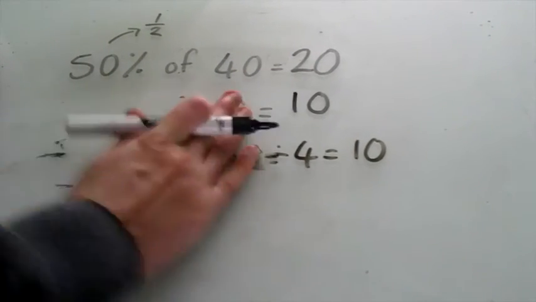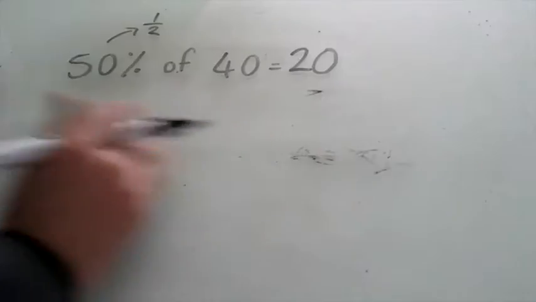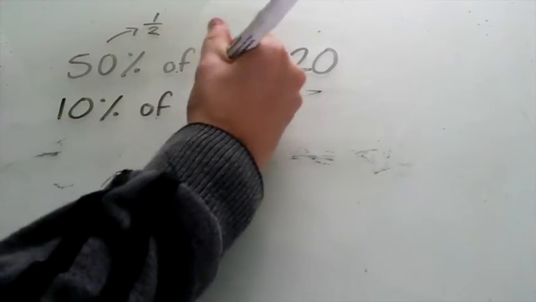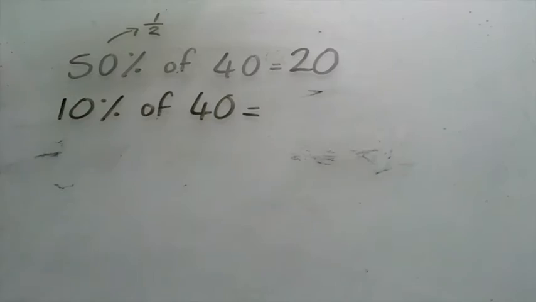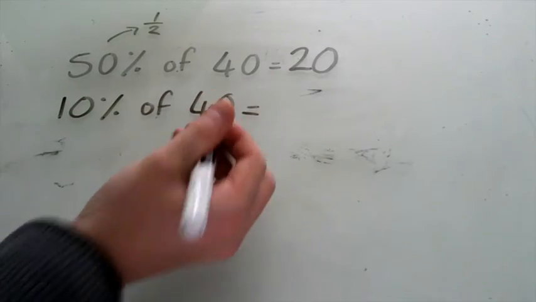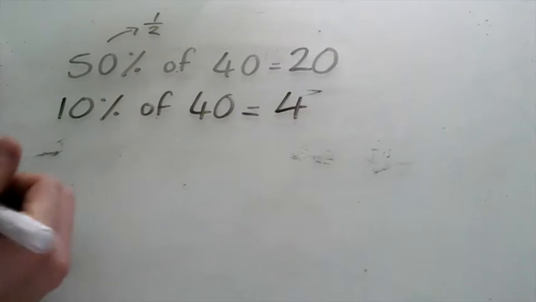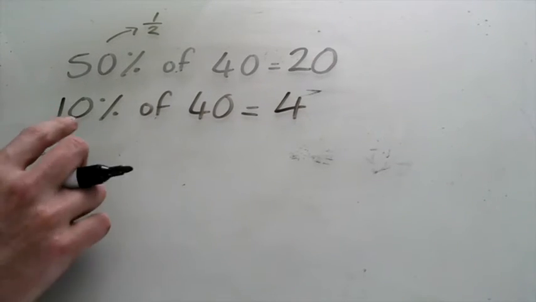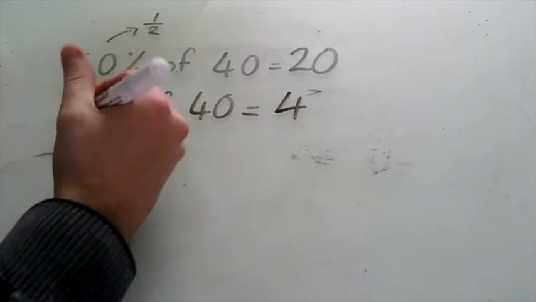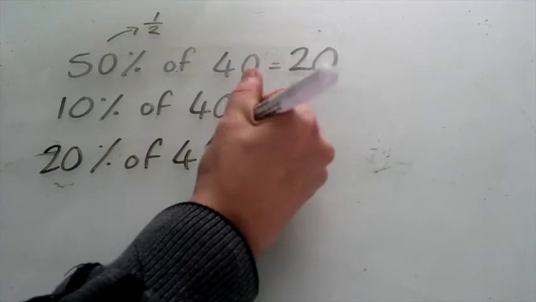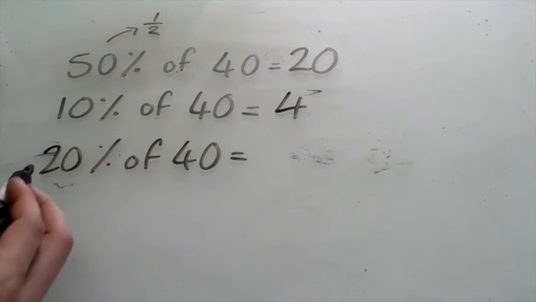Now if we were trying to find 10%, to find 10%, we divide by 10. So we take our 40, divide it by 10, that will give us 4. Once we've found 10%, we can find 20%, because it's just 10% times by 2.